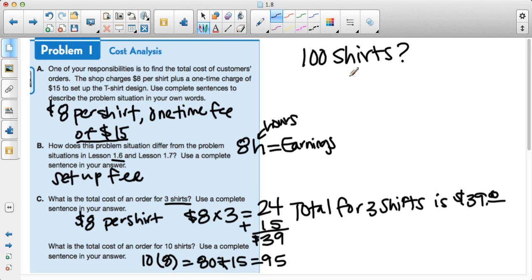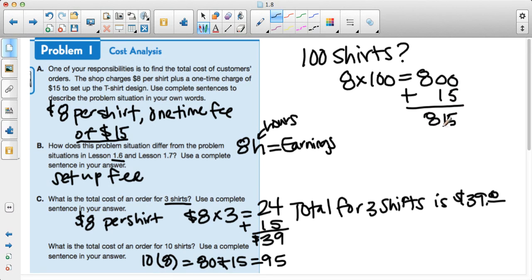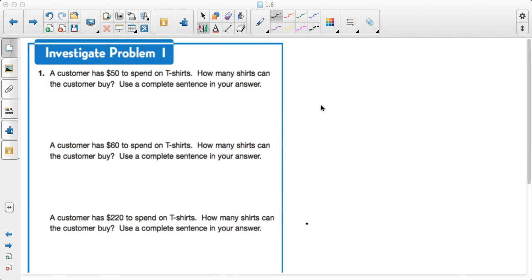Well, again, you would do $8 per shirt times 100 shirts, and you would get 800 plus that $15 startup fee is $815. So a customer has $50 to spend on t-shirts. How many shirts can the customer buy?